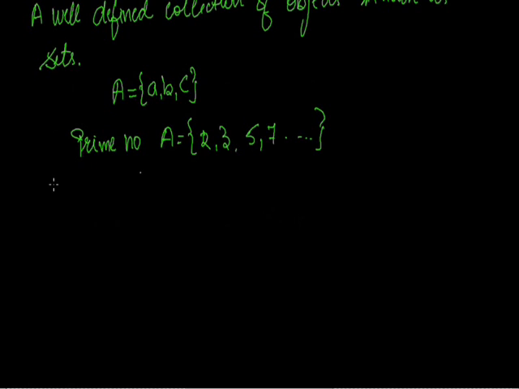Firstly, the first number that came is the natural number, which is denoted by N. N stands for the set of natural numbers. So whenever we write the set of natural numbers, we use the symbol N. Okay.